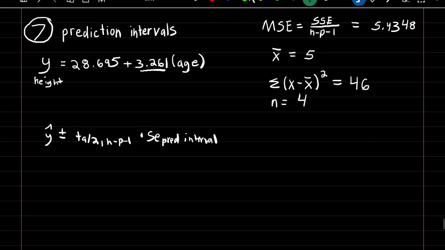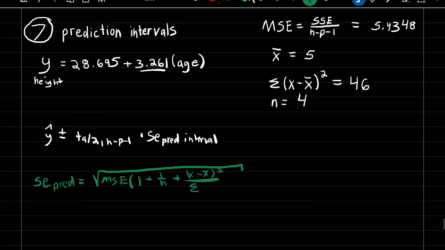So standard error of our prediction interval is going to be equal to the square root of our mean squared error times 1 plus 1 over n plus x minus x bar squared divided by the summation of x minus x bar squared.